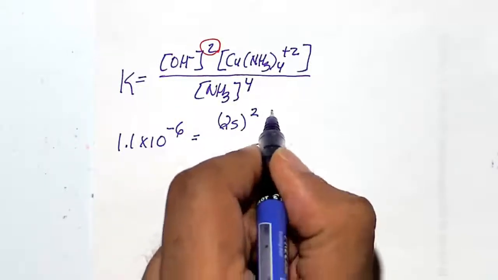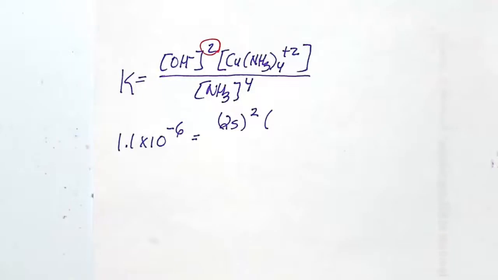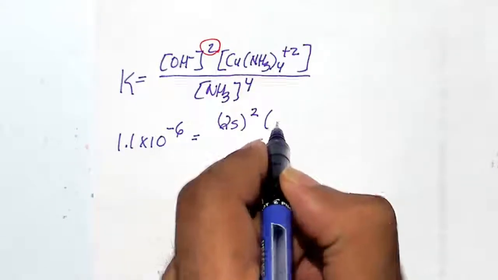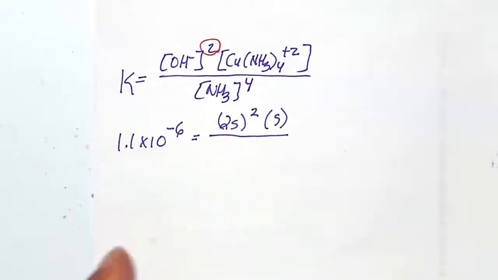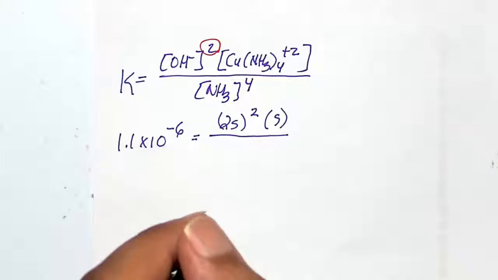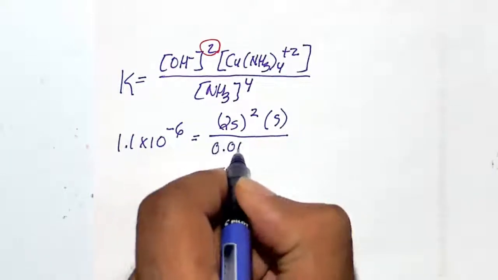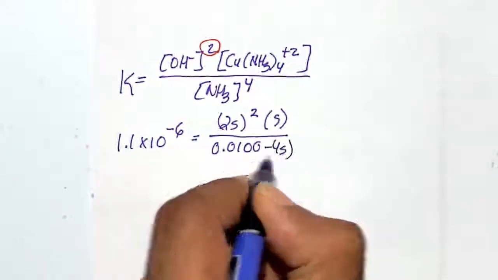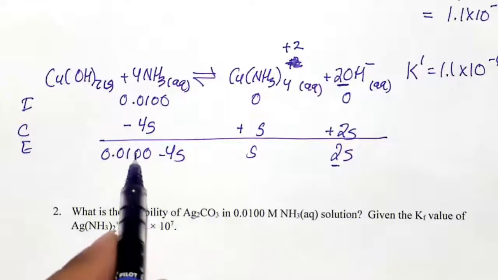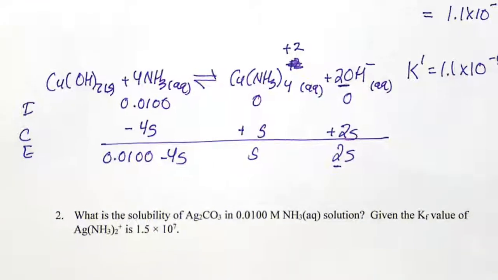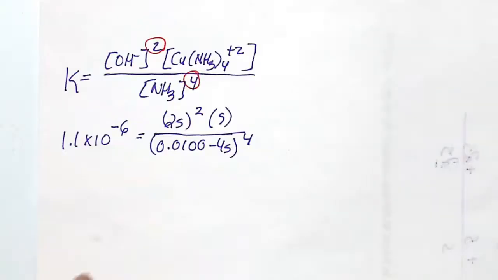We square that. Our equilibrium concentration of this complex ion is going to be s. Concentration of ammonia is going to be 0.0100 minus 4s. And all of that gets computed to the 4th power. Here we just plugged in these values into our corresponding equilibrium equation, the balanced chemical equation.